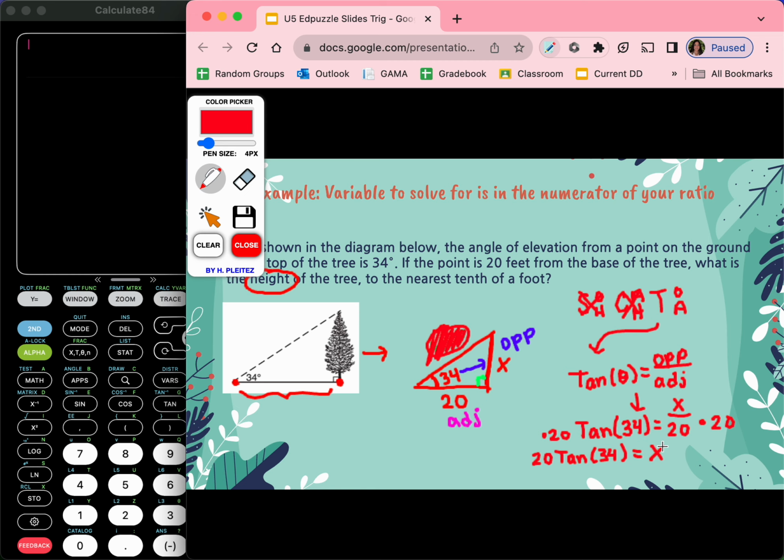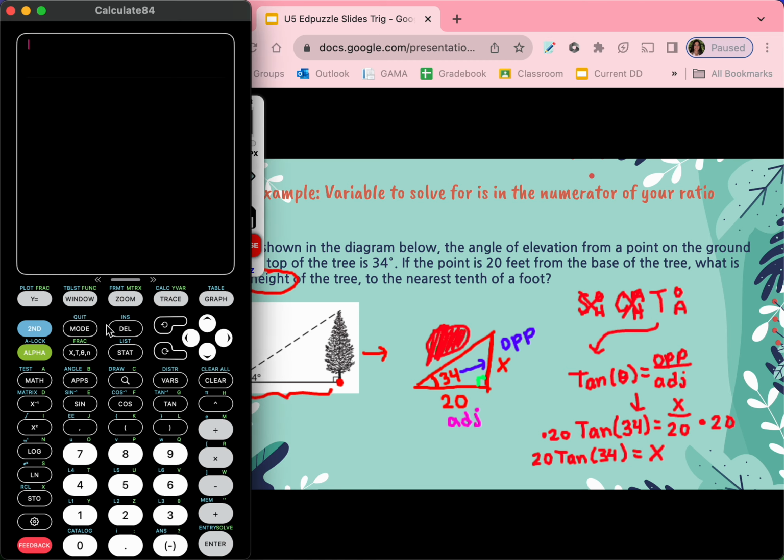Now, once we have x alone, that is our sign to now run to the calculator. So in your calculator, make sure you're familiarizing yourself with where these buttons are. So we have sine right here, cosine right here, and tangent right here. So once we have x alone, we're just going to put everything on the left side of the equation into our calculator. So 20 times tangent of 34 degrees.